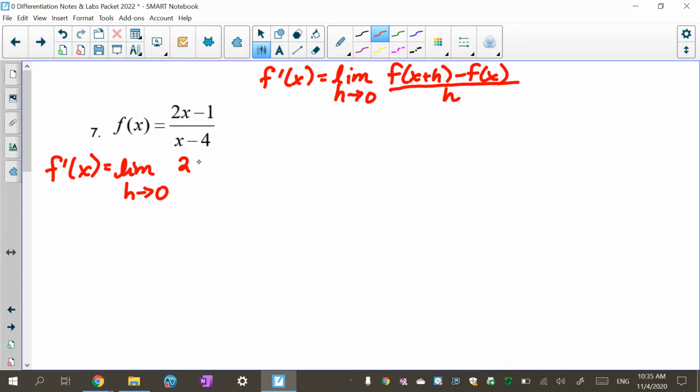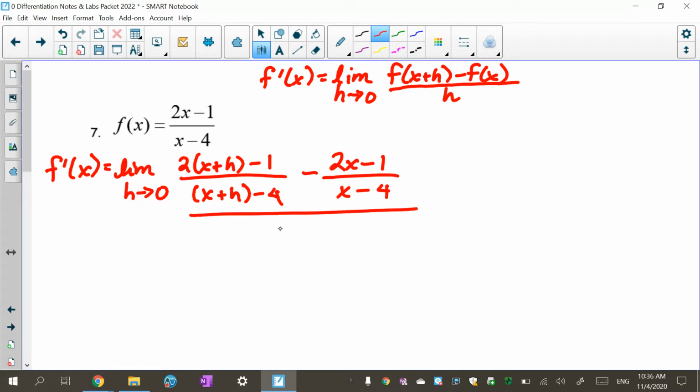So I have 2 times x plus h minus 1 all over, okay, everybody good with me? x plus h minus 4, okay, that's the first thing, minus the actual function all over h. I'm writing really huge, so I might have to do this. Okay, so that's what I have.